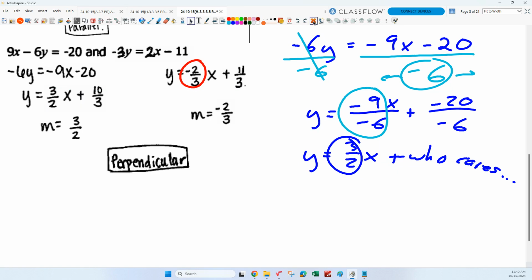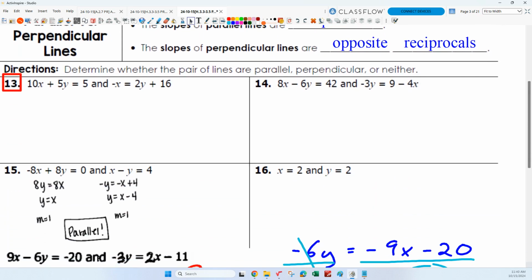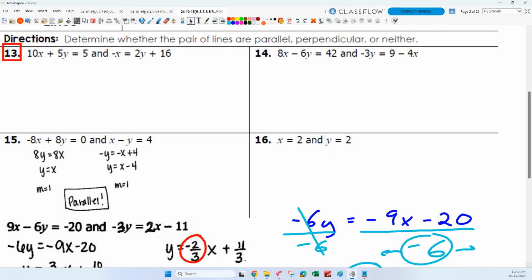Okay, one more. How about number 13? What would I do on the left side? Okay, is that going to work? Let's see. Yeah, let's do that.